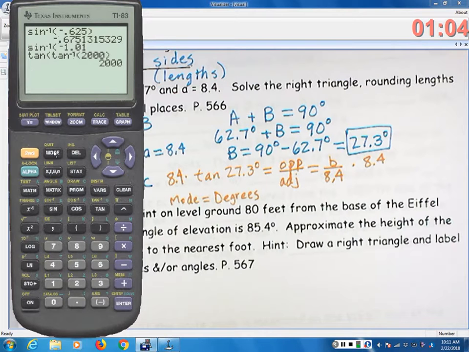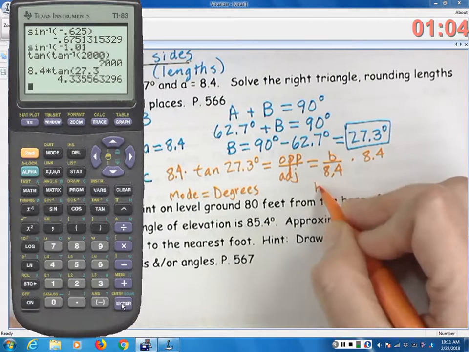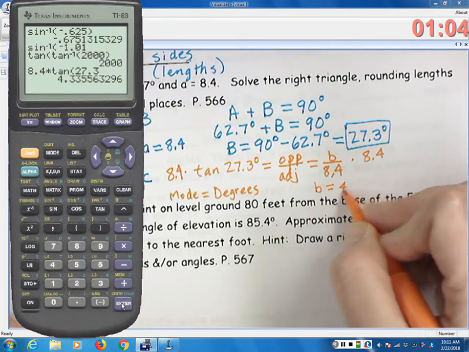Second quit. Then we do 8.4 times tangent of 27.3, because you get the totally wrong answer if you leave it in radians. To 2 decimal places, B is 4.34.